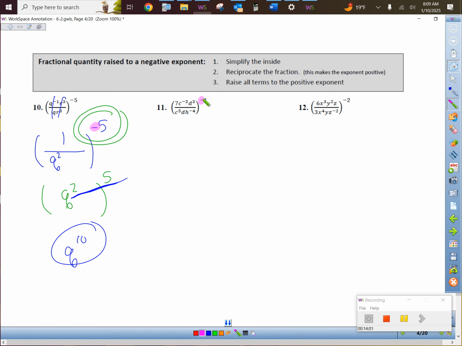Main question of the day. Does this have a negative exponent way outside? Yes or no? Yes. So rule 1, if there's a big old fraction, clean up what's inside first. The 7 has no one to mess with. The C's have a negative exponent.